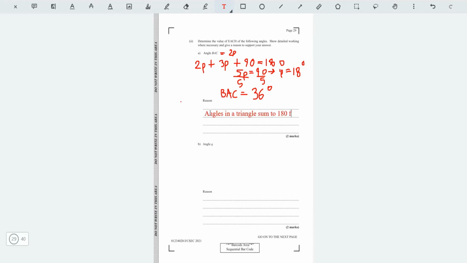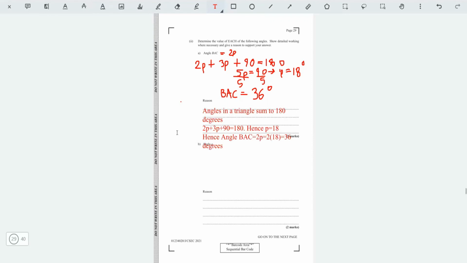After that, 2P plus 3P plus 90 equal 180. Then we can tell them hence P is 18 degrees. Then hence angle BAC, which is equal to 2 times P, must be 2 times the 18, which is 36. This is to show them how to get 36 degrees in more detail.